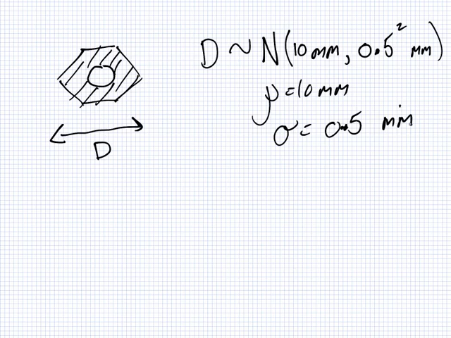Okay? What I want you to do for me, we'll construct the 90% confidence interval. So I want to know 90% of nuts will be between what size and what size. Do you understand? Now 90%, not 95.